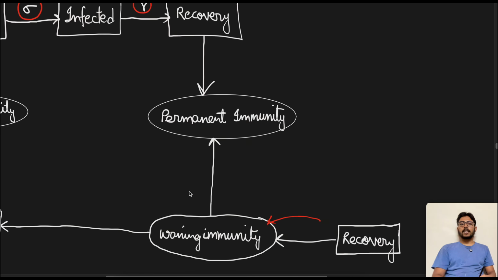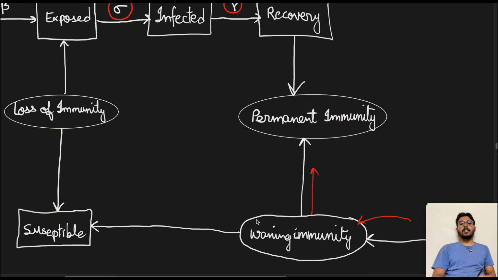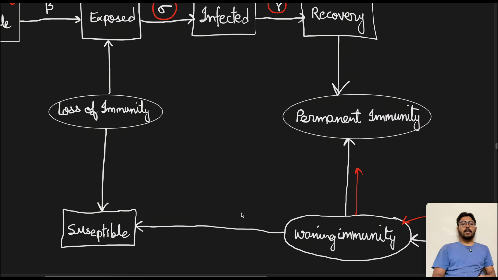So basically a temporary immunity state, and from there also there are two ways. One is that we eventually develop a permanent immunity state in the body and then reside in the permanent immunity category. Otherwise, if the immunity loosens out, then we again fall into the susceptible category of population. This particular scenario occurs from the loss of immunity.